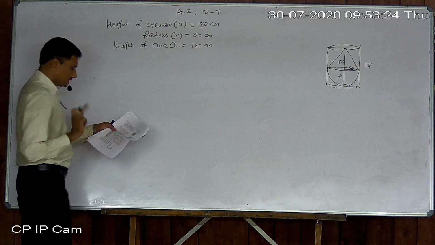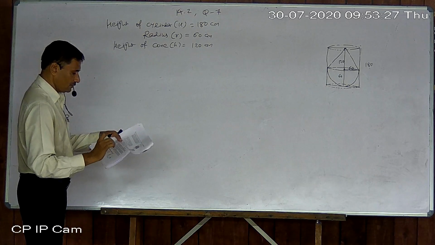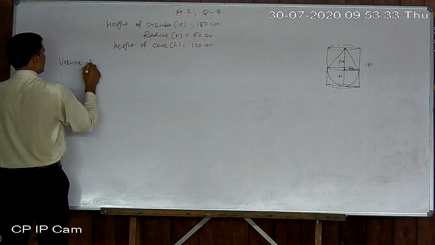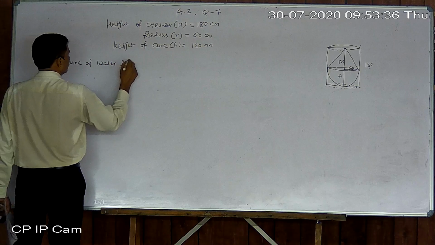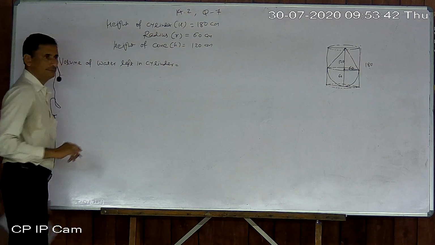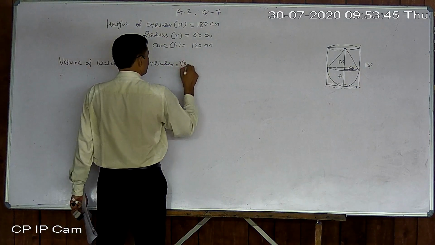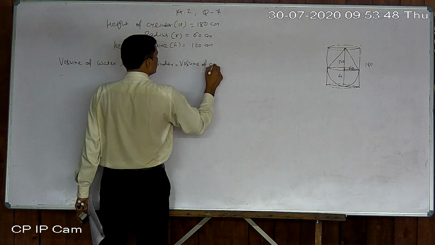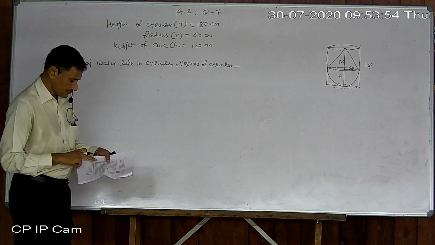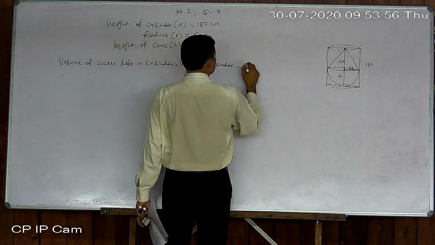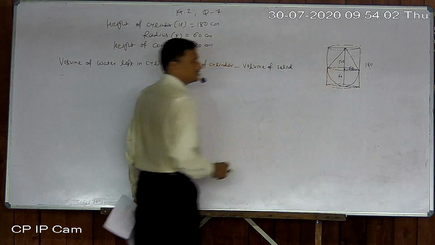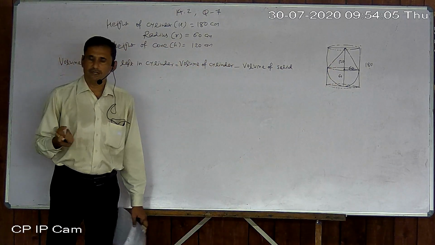Now write the main step. Find the volume of water left in the cylinder. Whatever is asked, just write it down here: water left in cylinder equals volume of cylinder minus volume of that solid. Solid means again two shapes, cone as well as hemisphere.